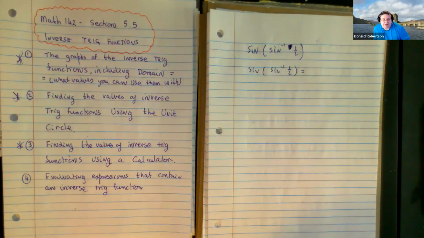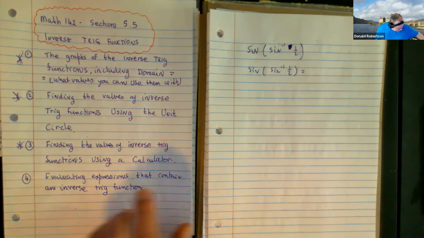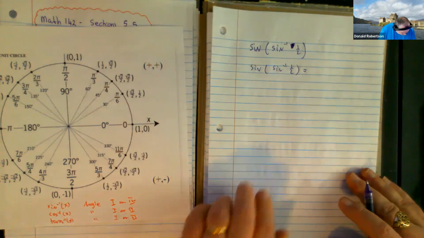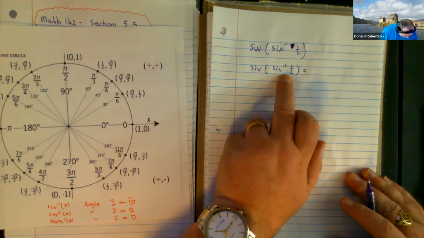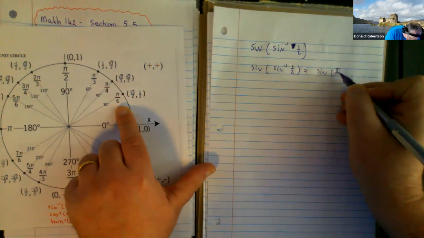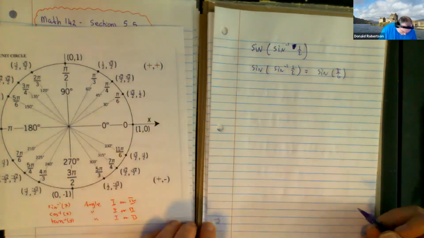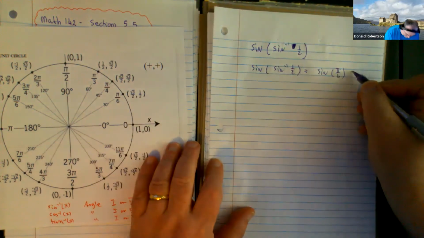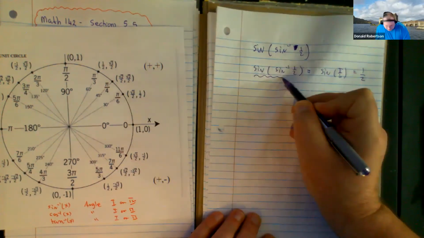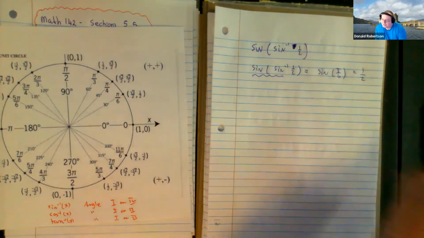We would do it something like this. First I'd find what angle has a y coordinate of a half, and it's in the first quadrant, and that's pi upon 6. Then I'd do the sine of pi upon 6. What is the sine of pi upon 6? The answer is a half. Do you notice that those two things essentially cancel out, and that's why you end up back at a half?